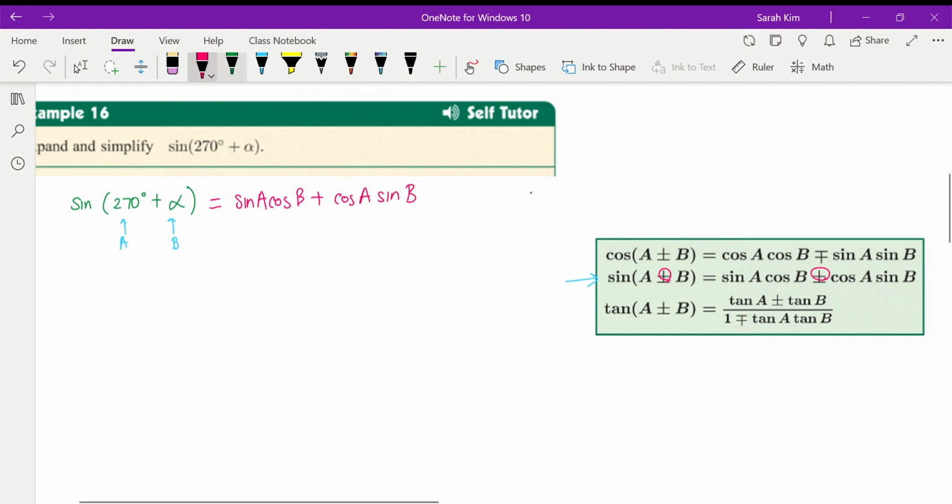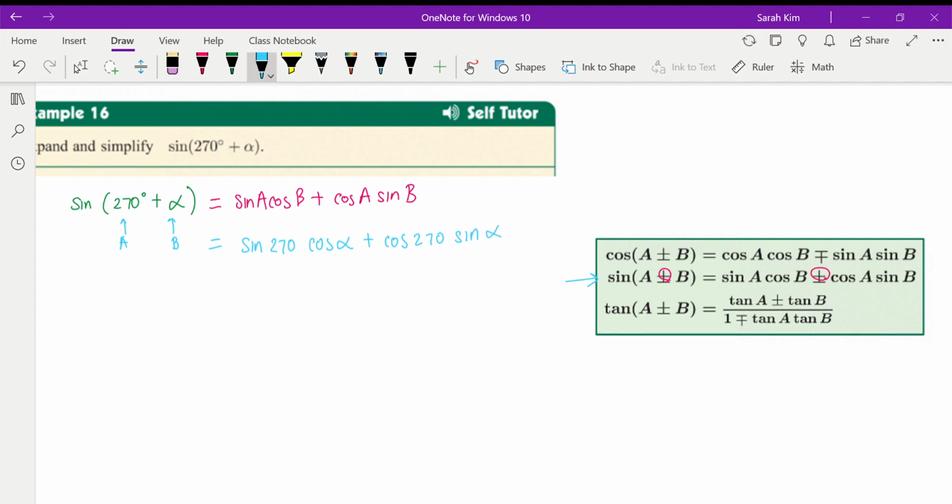Then I'm going to copy this equation, but using the correct A and B. So instead of writing sine A, I write sine 270, and then cos alpha, and then cos A, so cos 270, and then sine alpha. Got a bit confused there.